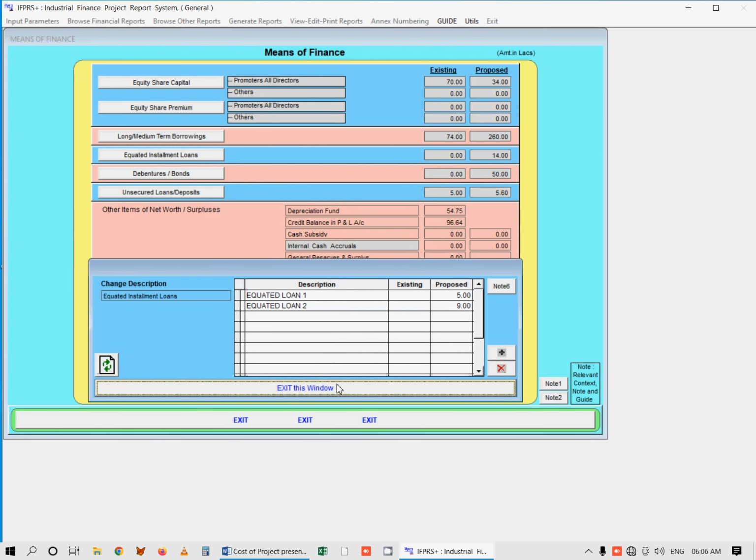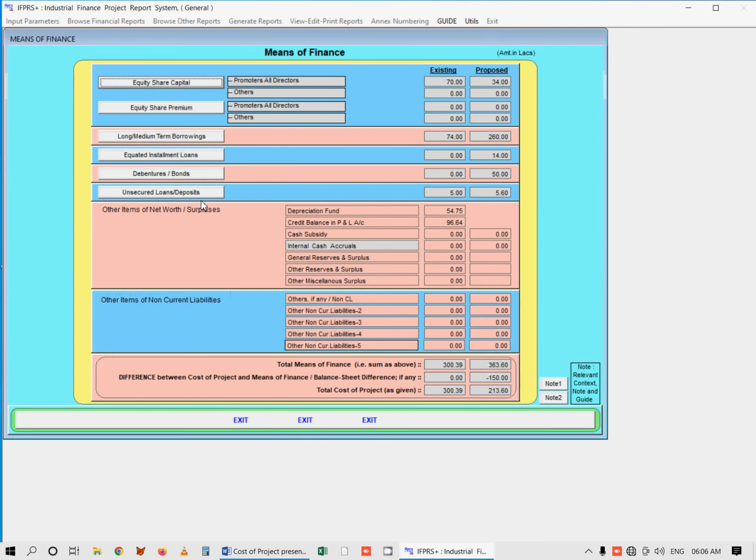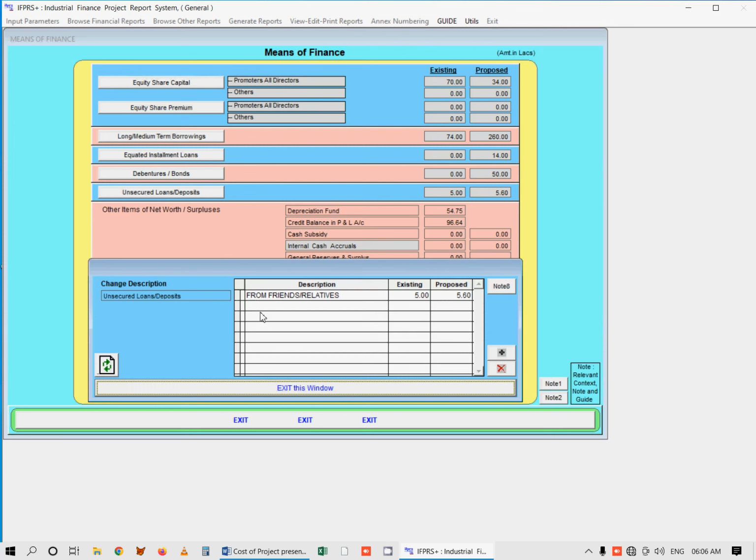The same is true for debenture bonds, stating differing conversion clauses, redemption premium, etc. As for unsecured loans and deposits, you may categorize them separately as from promoters, friends, relatives, ICD from company 1, company 2, etc. with differing terms for each.